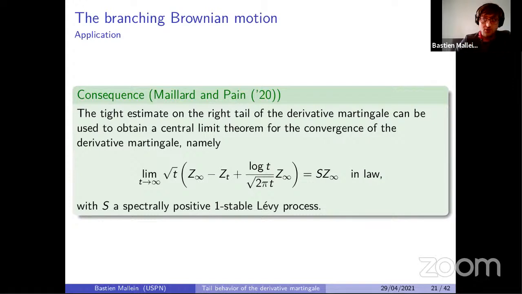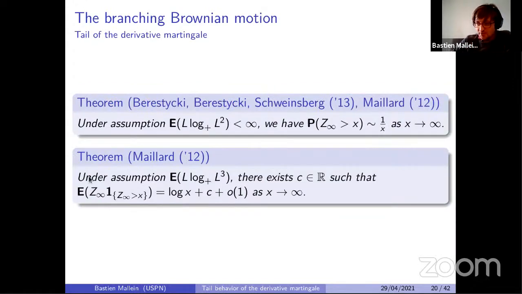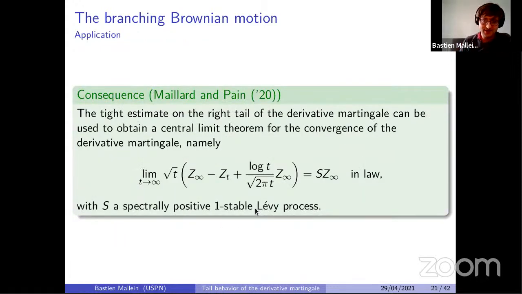Okay, so why is this improvement on that tail, so on the probability that D_infinity is larger than x decaying like 1 over x, interesting? So why is it interesting to have this second order condition? Well, if you know that this quantity holds, then you can get a lot of nice estimates on the speed of convergence of the derivative martingale.